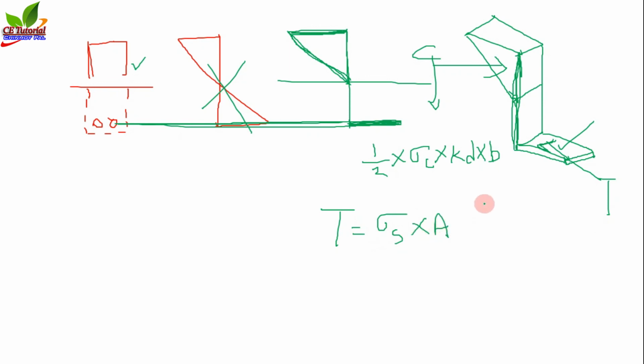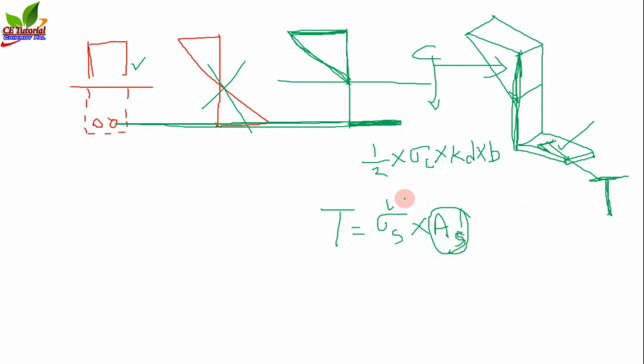Okay, and for this case we don't need to calculate the diameter of the steel or b or d like that, because we have ready-made reinforcement manufactured by some industry. That's why we don't need to think about the diameter. We just consider the area of the reinforcement.